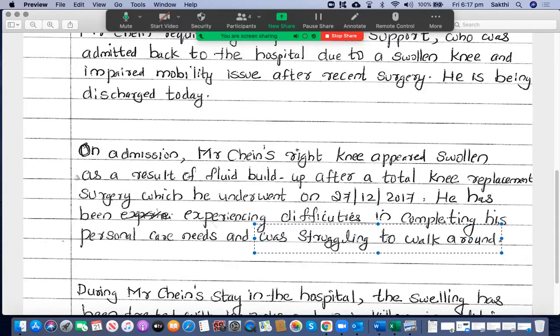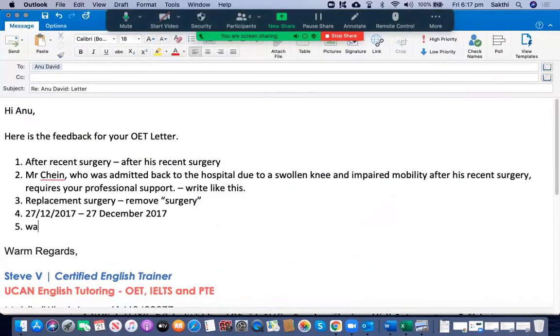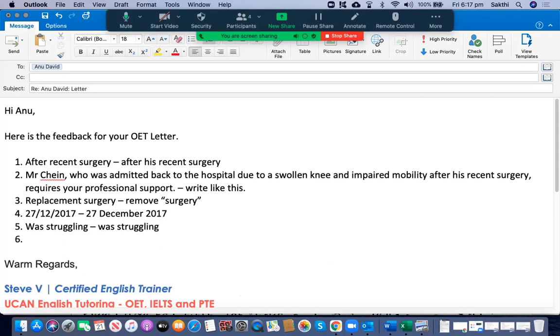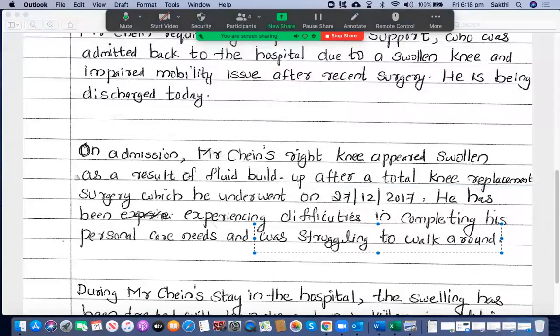This is wrong. It should be "is struggling." You need to be a bit careful about the way you use the verbs. They need to be in line with the tenses. So whatever tenses you would like to convey, you need to use the similar verbs.